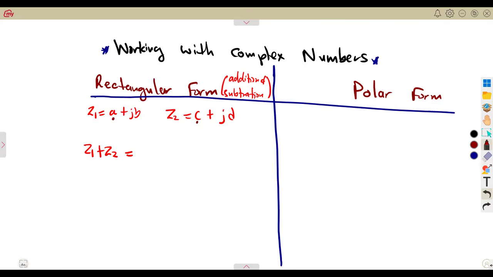So I can simply add the real terms together, A plus C, and I can simply add the imaginary terms on their own, that is B plus D. You're going to see that in simplification. Same with the minus. If it was a minus, you're going to subtract.